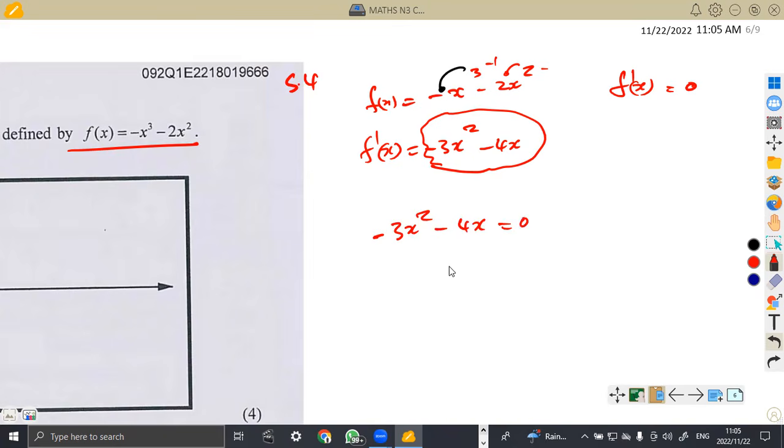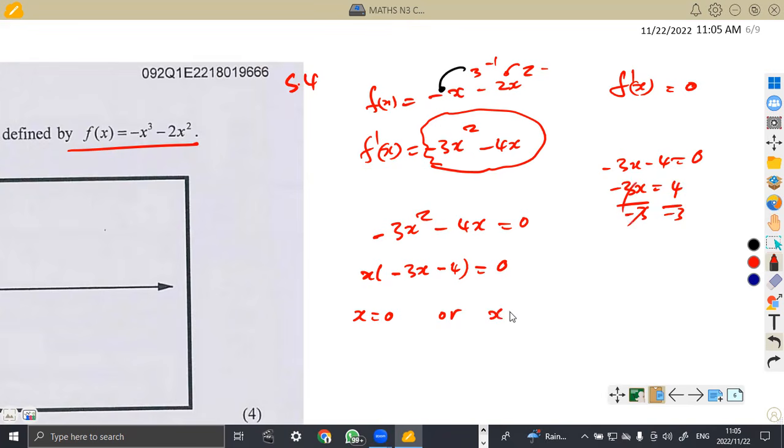So for x, we can factor out x as common. We remain with negative 3x, negative 4 is equal to 0. So it's either x is equal to 0 or the other part, which is negative 3x, negative 4 is equal to 0. So from there, negative 3x is equal to positive 4, divide by negative 3 both sides. So x was going to be negative 4 over 3.